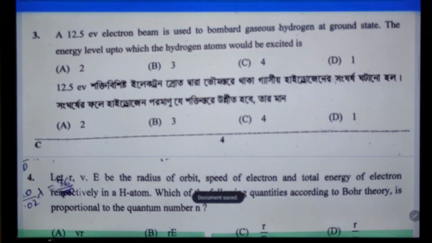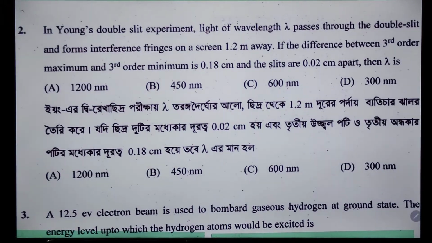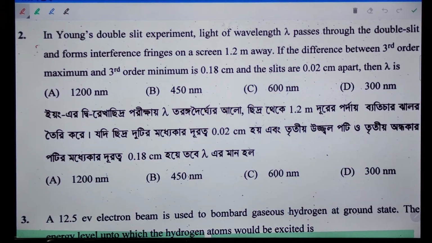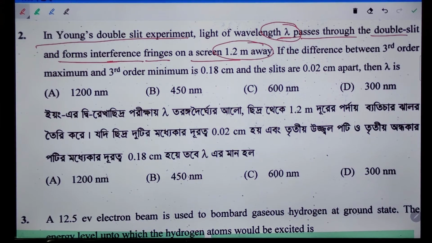So what is our next question? It is a problem of Young double slit experiment. In Young double slit experiment, the wavelength of light lambda passes through the double slit and forms interference fringes on a screen 1.2 meter away.